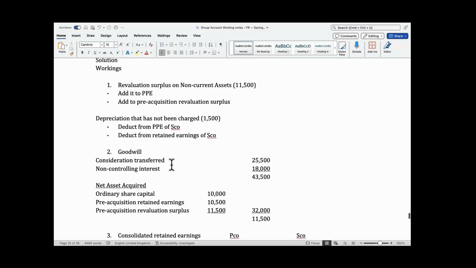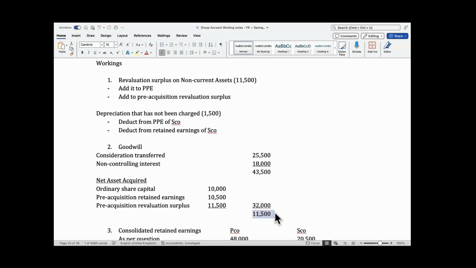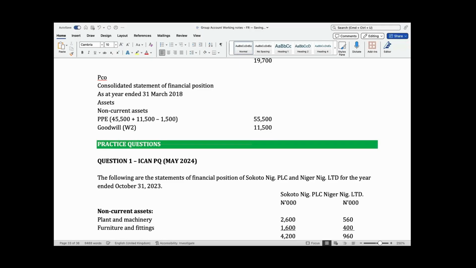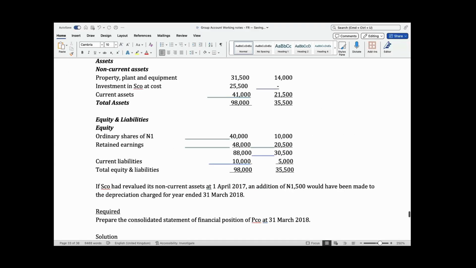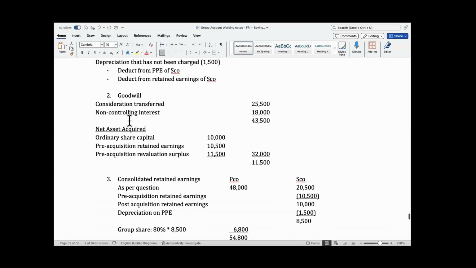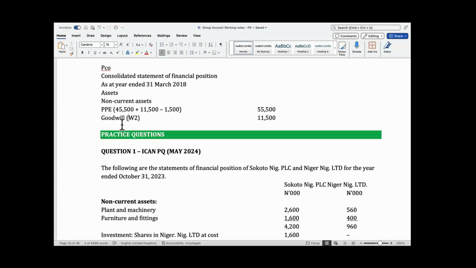Then workings 2, goodwill 11.5. Then can you add these two together? 62.5, I guess. 62.5 current assets.